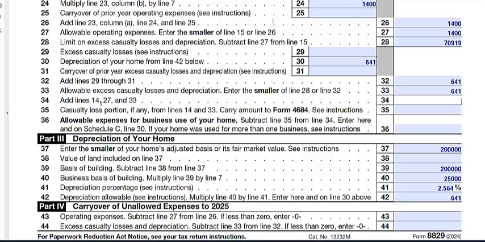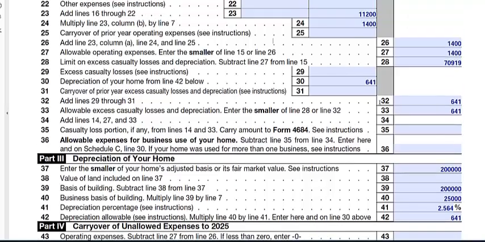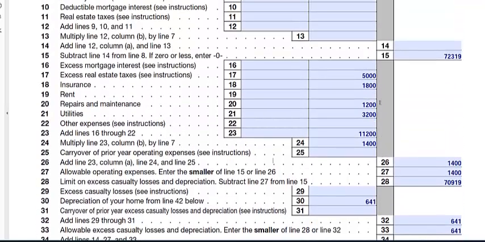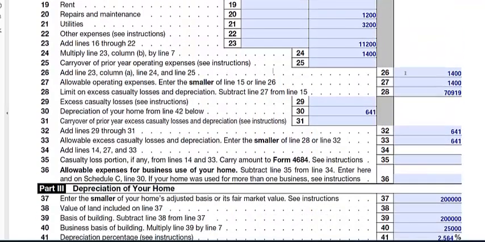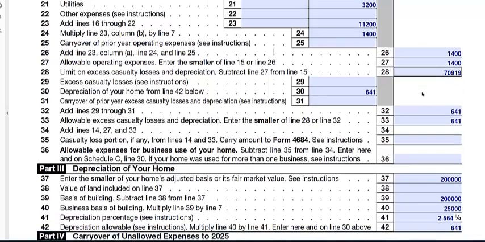For line 34, we're just told to add line 14, 27, and 33. So there's nothing on 14, 27, and 33. So the total will be $2,000.